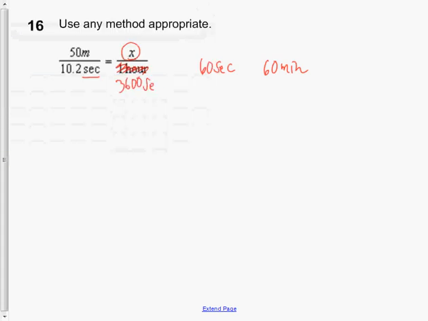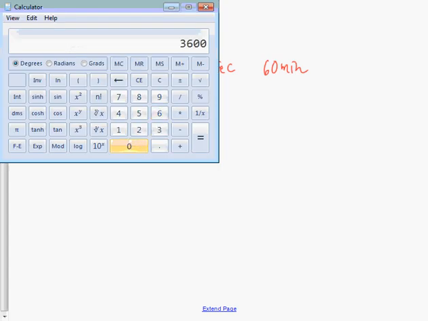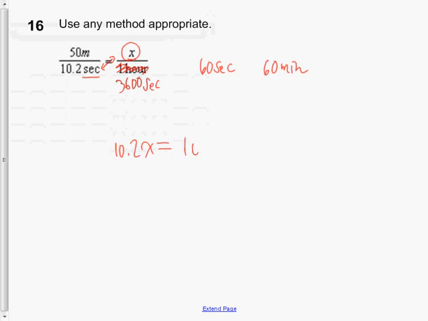seconds in 1 hour. So if I use my algebraic equation, just like I did in the last question, I'm going to have 10.2x equals 3,600 times 50, which is 180,000. Divide both sides by 10.2.